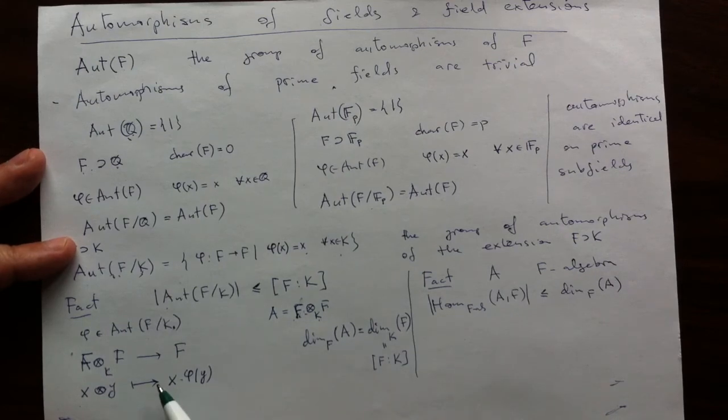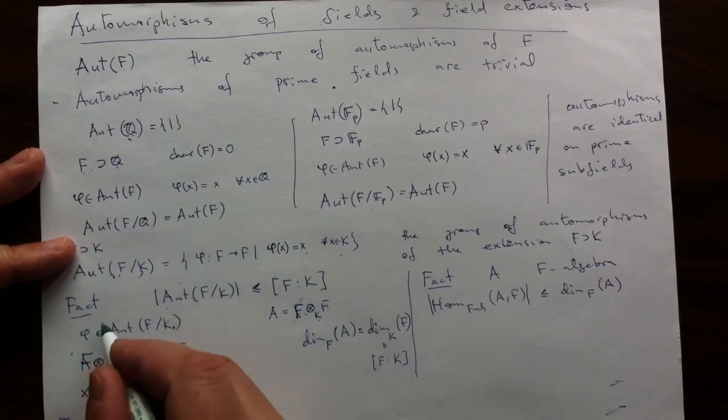So all in all, it makes this assignment a homomorphism of algebras from A into F. So we count them. They are going to be at least as many as automorphisms of F over K, because any phi will give us such a homomorphism and different phis will give us different homomorphisms, clearly. So that is the justification of the fact.